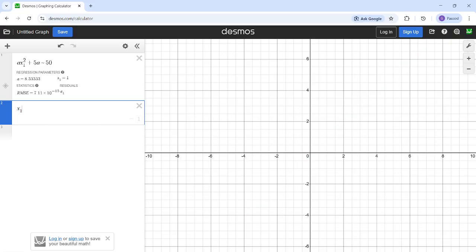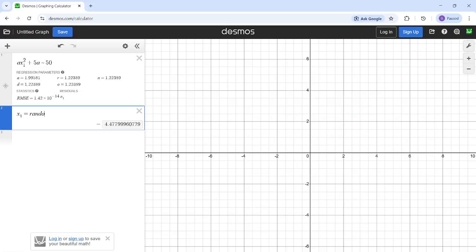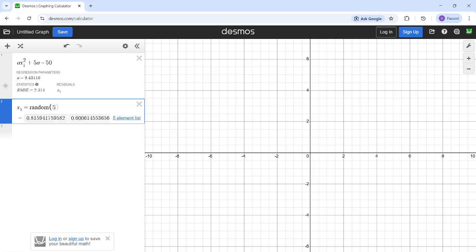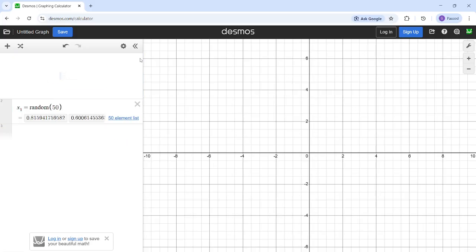You could write x1 equals random 50, and it will show the answer of A here. We could change the number. x1 is one of these numbers. Alright, that is how this works.